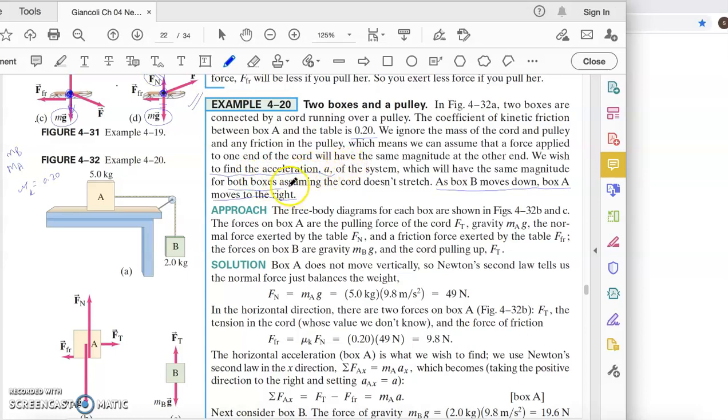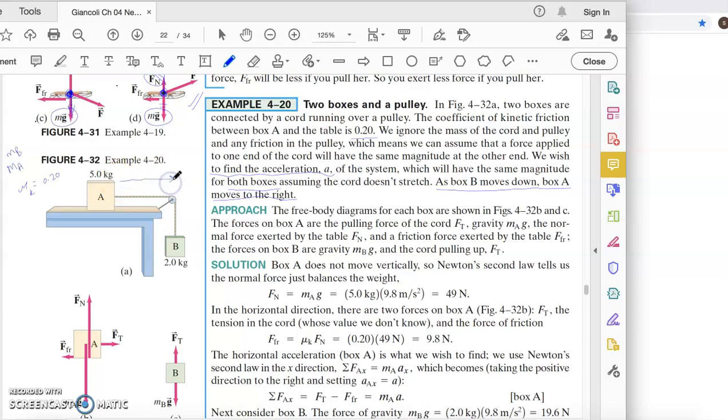If you recall, we mentioned that the system will all move with the same acceleration. It means if object A is, let's assume like what he said, that box B moves downward, box A definitely will move to the right. So if the box B is going downward, box A is moving like this.